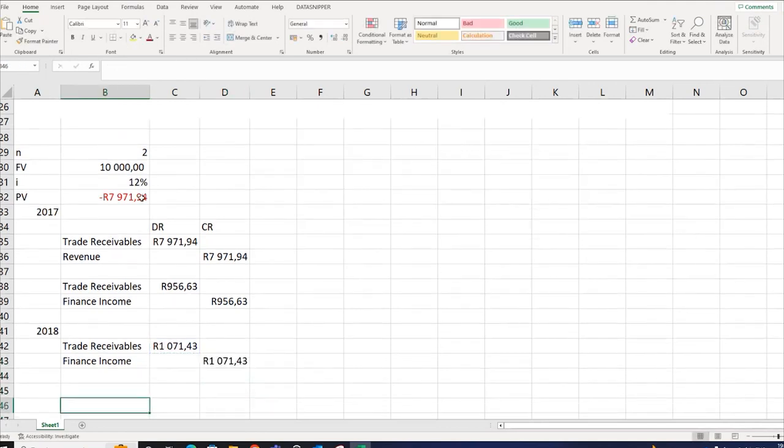Right. So then we get to the end of the year, 31 December 2018, and we have to recognize the actual payment. So that will be bank. We know that the customer gives us 10,000 Rand.